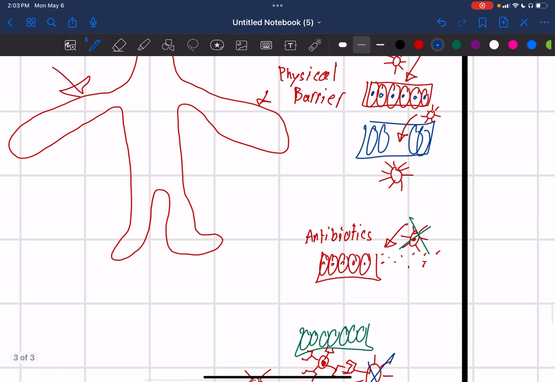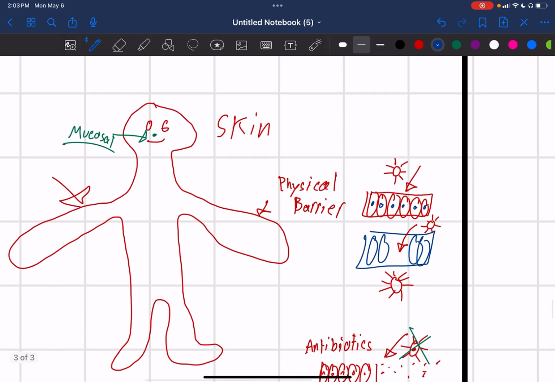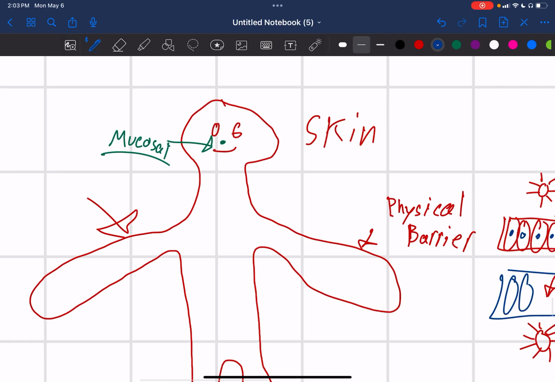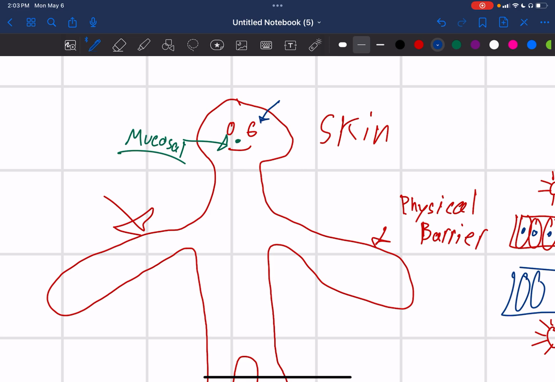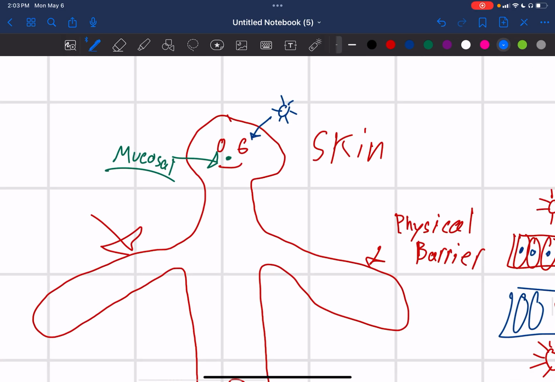Another one is flushing action, such as saliva, tears, and urine. Whenever we get deposits into our eye, such as dust, that dust can carry microbes. But whenever we get that into our eye, we can start tearing up, and that essentially flushes out our eyes to wash out any microbes that are present. The same thing goes for saliva.